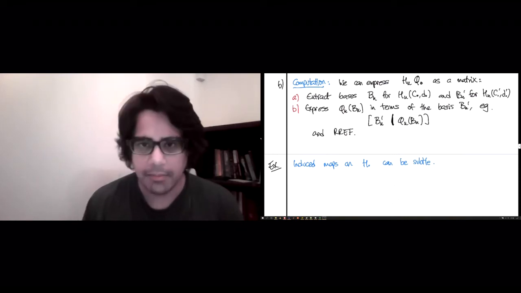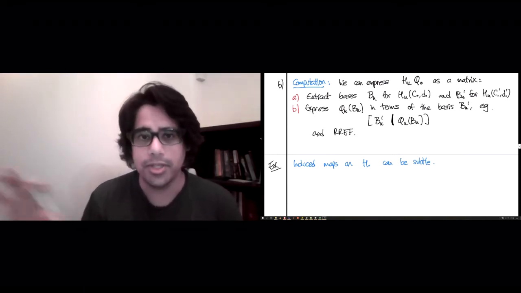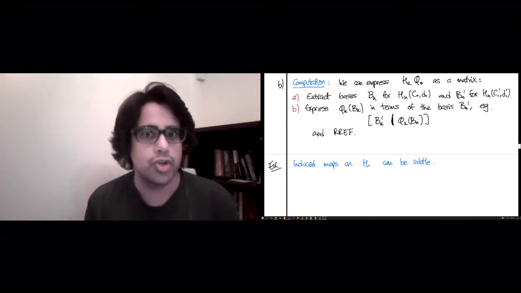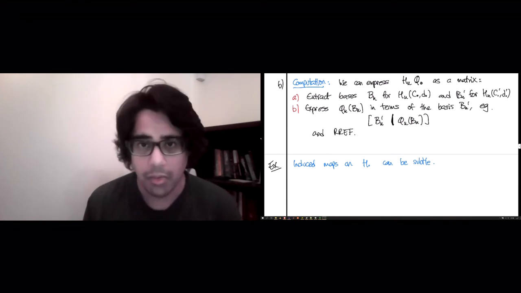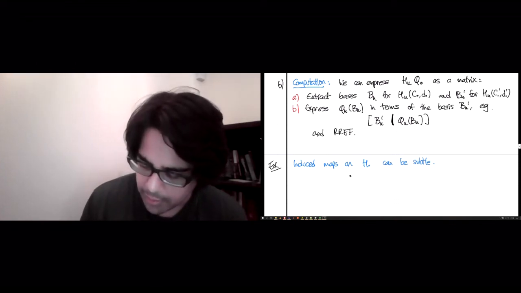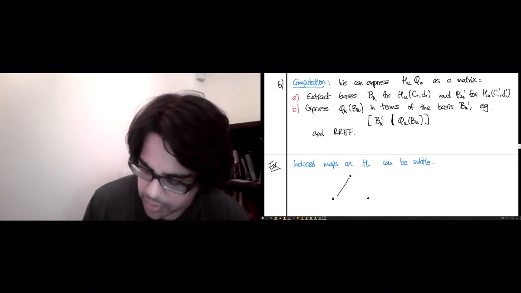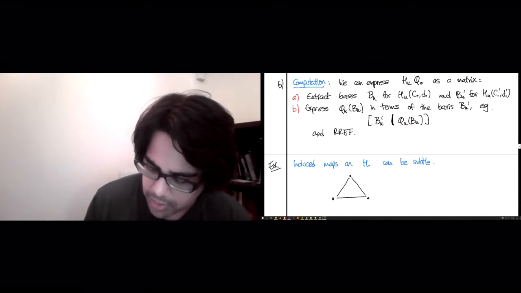So what I mean by can be subtle is, okay, this computation that we've talked about, there's no shortcut to it. You can't just stare at a simplicial map and figure out what action it's going to have on the homology groups. One example is if you take the inclusion of the hollow 2-simplex, which I'll just write ABC here.